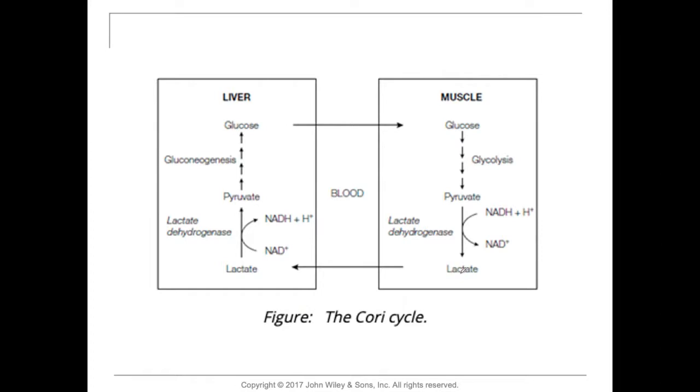So pyruvate goes to lactic acid, goes into the blood, goes into the liver. Lactic acid is converted back to pyruvate in the liver, back into glucose. Okay? When you break down glucose, we call it glycolysis. And when you're making new glucose, it's called gluconeogenesis. We're making new sugar.